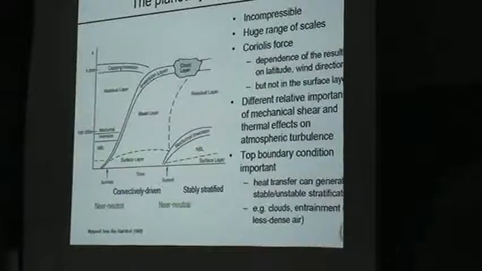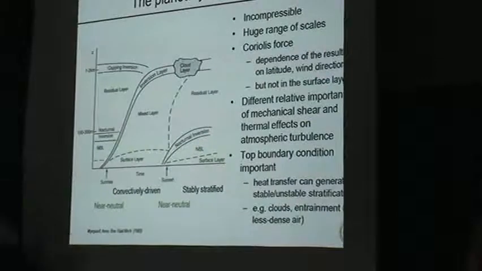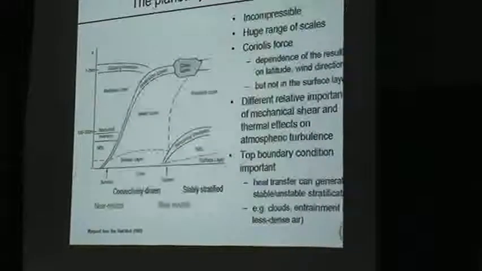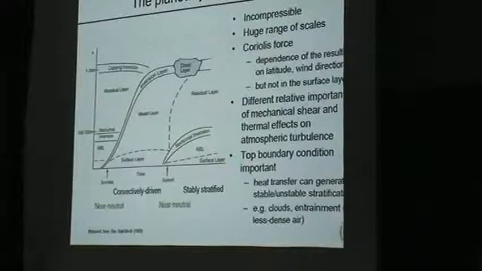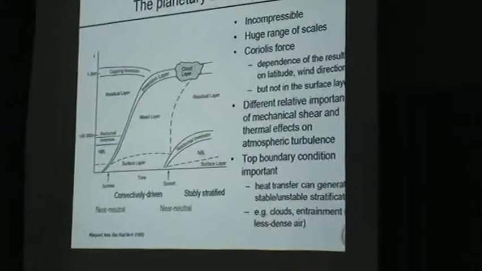And the exact importance of the Coriolis force as you go away from the surface will depend on where you are on the globe. So depending on where you are on this particular figure, there'll be different relative importance of mechanical shear and thermal effects on turbulence in the atmosphere.